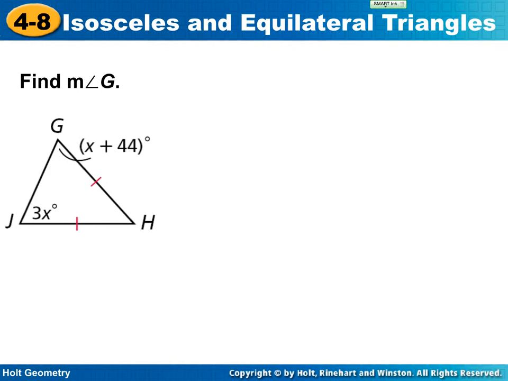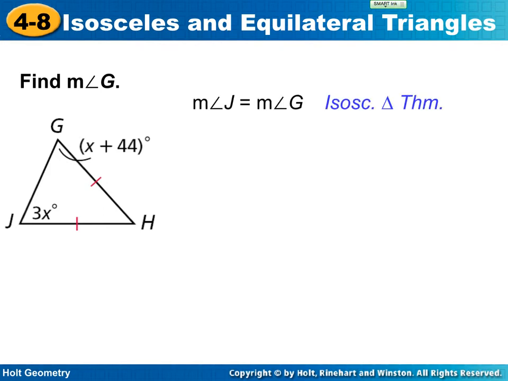This one you really don't need the triangle sum theorem, because the two angles that you're given are the two that need to be congruent. So you need the x plus 44 and the 3x to equal each other.